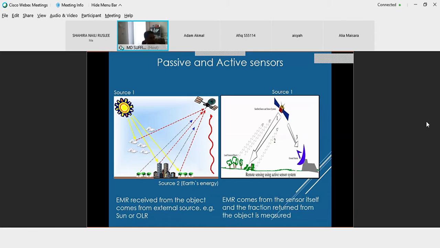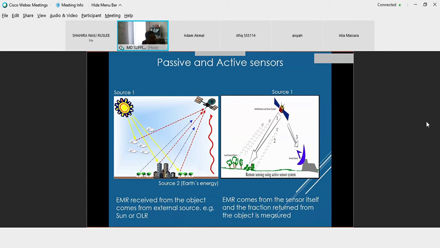And then active sensor, meaning that the sensor itself provide the source of light. That means if we emit radiation, especially in microwave, ataupun radio wave dan sebagainya. So if we calculate the time of the movement of the radiation that reflected from the Earth surface, dia akan terima balik.